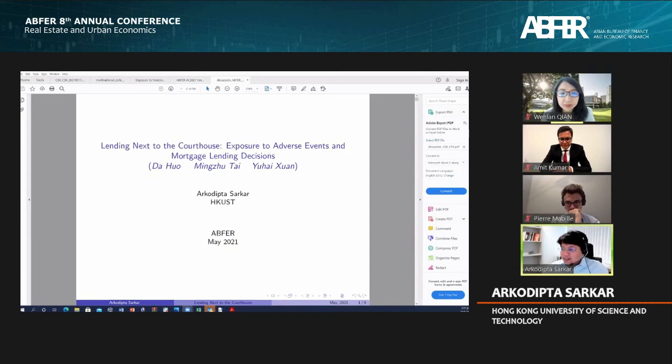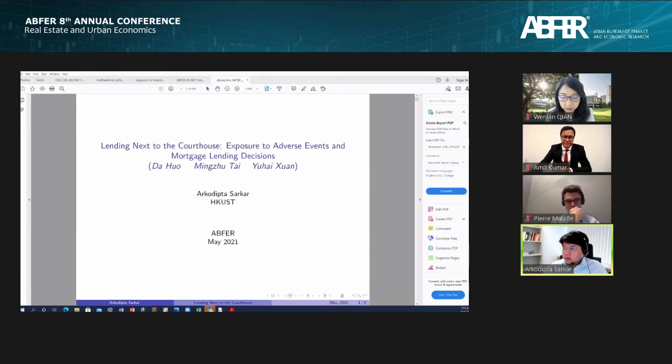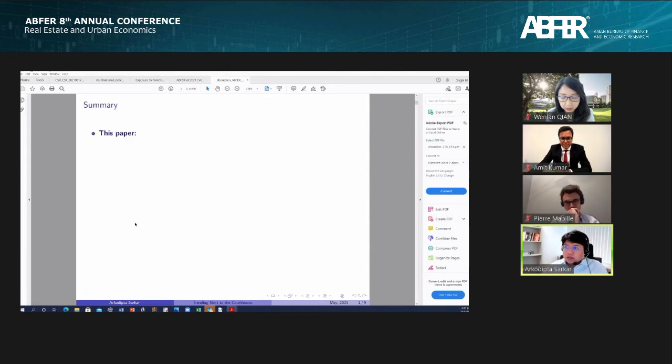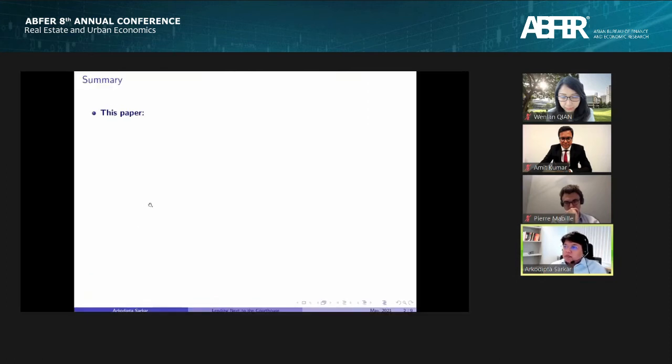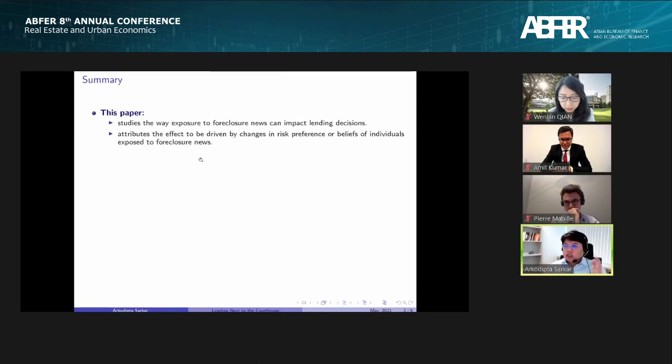So it was really interesting to read the paper, and let me just summarize it briefly. Mingzhu has already done an excellent job in laying out what the paper is, so I'll be very brief in my summary. This paper primarily studies the way exposure to foreclosure news can impact lending decisions, and they attribute the effect to be driven by changes in risk preferences or beliefs of individuals who are primarily exposed to this foreclosure news.